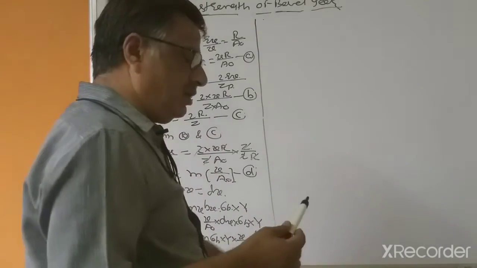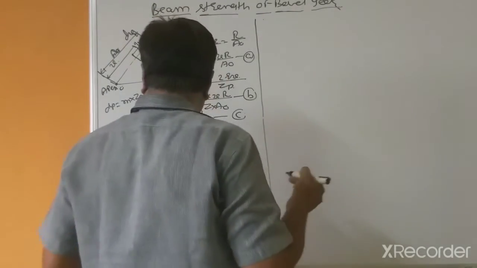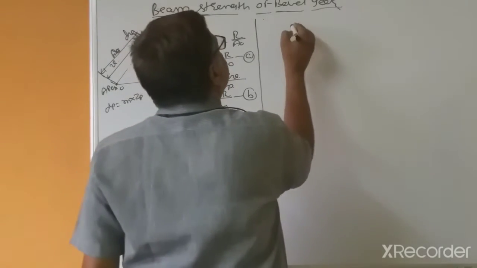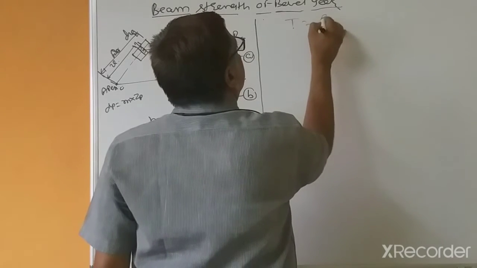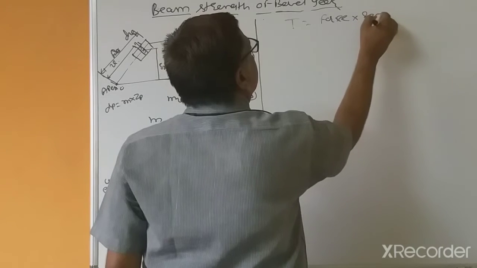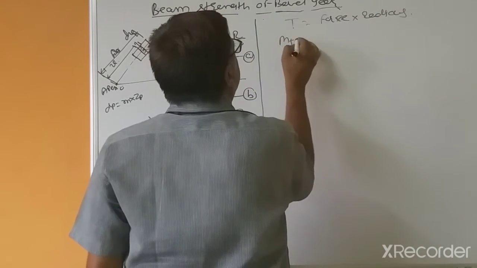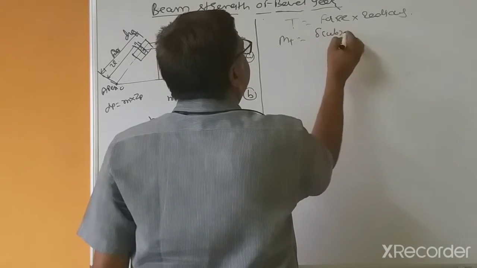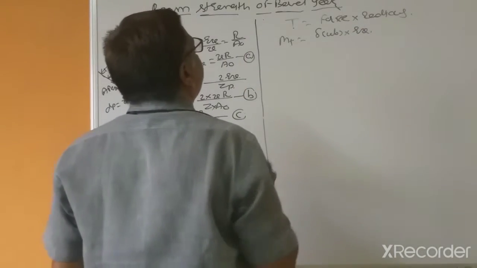Now this is the tangential force, multiplied by Rx. Torque is nothing but force multiplied by radius. So we can write dMt equals Wb into Rx.